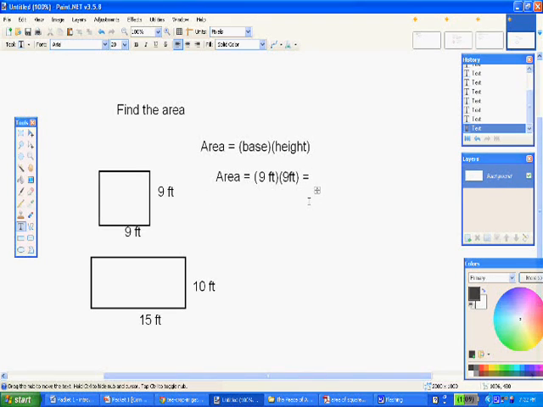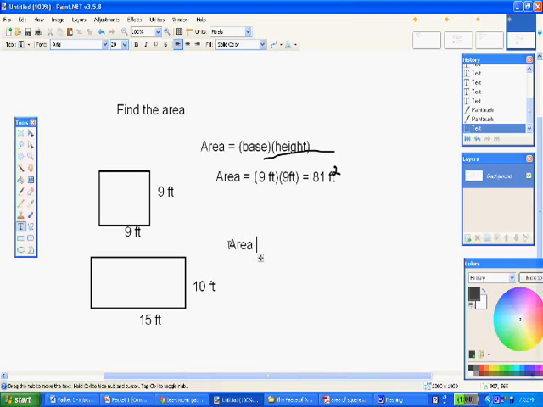We multiply these two things together, we get 81. And since we're multiplying feet by feet, we actually get 81 feet squared.